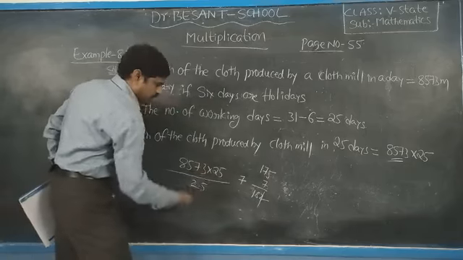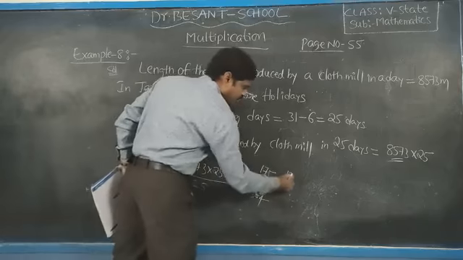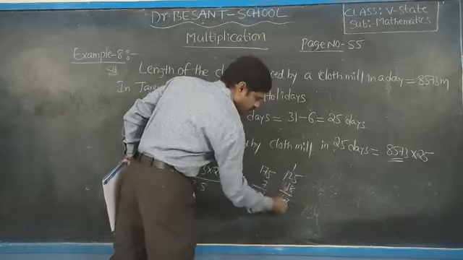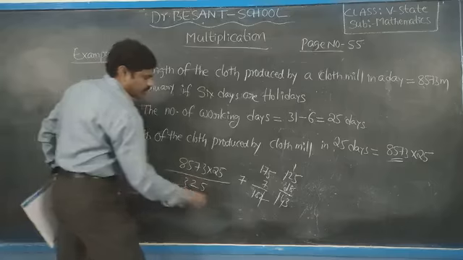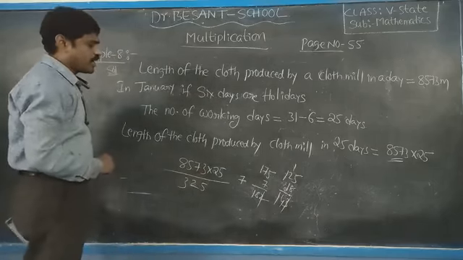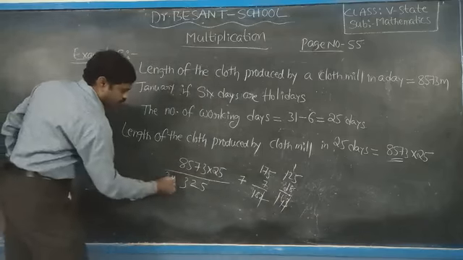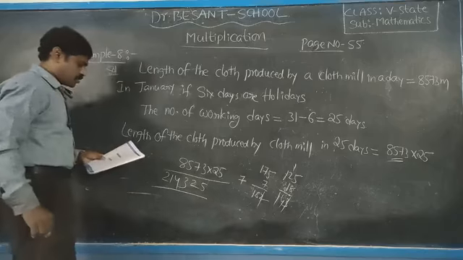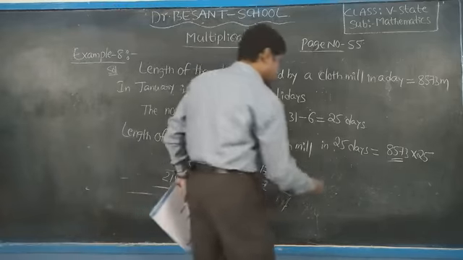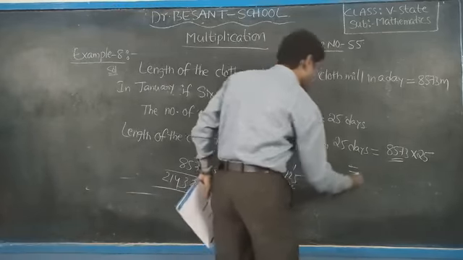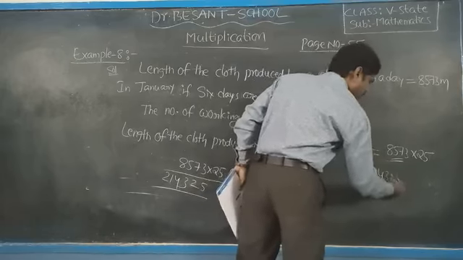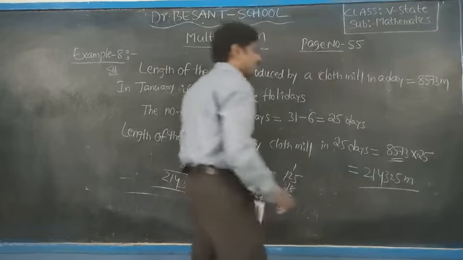Then 2. Then 25 fives are 125. 125 plus 18, 143, 14. 25 8s are 200, 214. Okay, these are units in meters. That's why we have to write in meters. 214,325 meters. Okay, children.